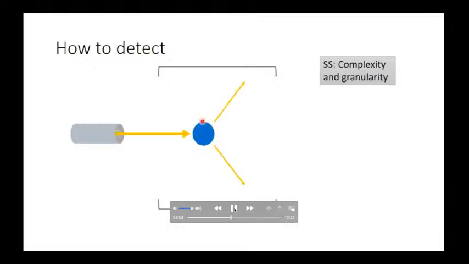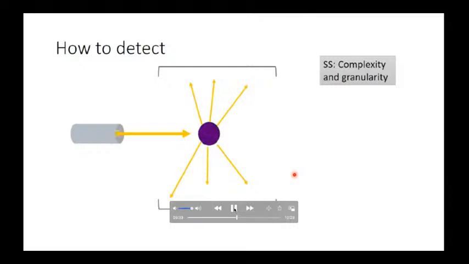Because simple cells scatter the light in the side direction, yes, but when we have granules inside the cell, so when the cell is complex from inside, these little granules will also scatter light in different directions, and in this case I will get more side scattered light, like this. So this is a complex cell from inside. It contains small granules, and these granules will also scatter the light in different directions, and in this case I will get a higher intensity of the side scattered light.